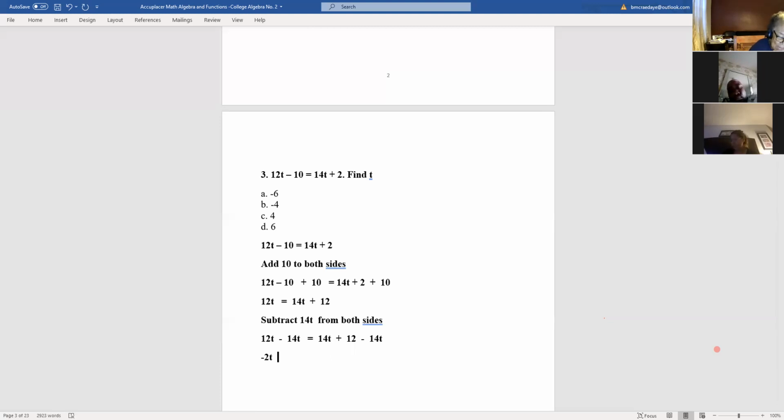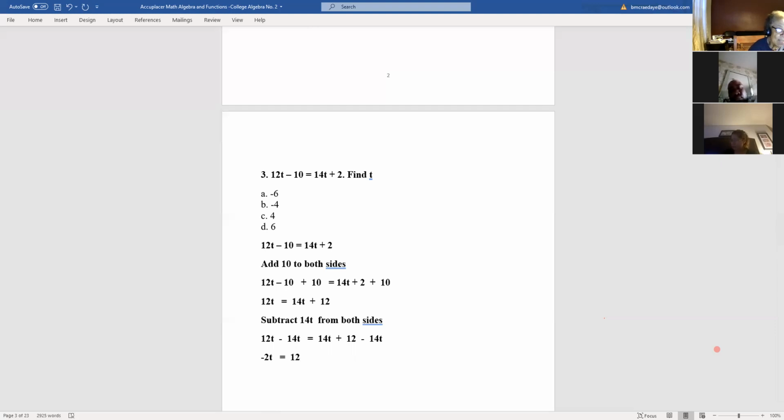What do we have on the right side? That's equal to 12.